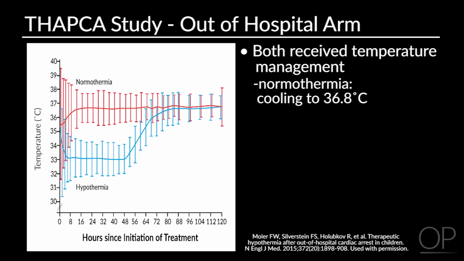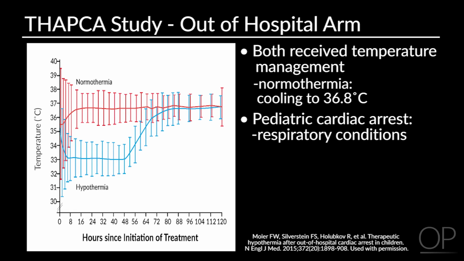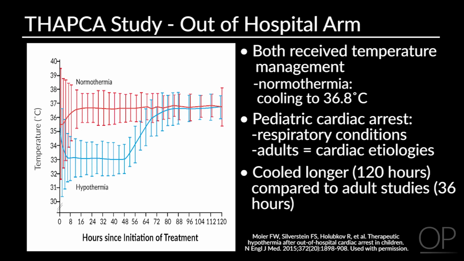Additionally, when compared with adult trials, most causes of out-of-hospital arrest in children were the result of respiratory conditions, as opposed to cardiac etiologies in adults, namely ventricular tachycardia and ventricular fibrillation. Children in the THAPCA trial were also cooled longer compared to adult studies. THAPCA patients were cooled for 120 hours, whereas adult patients were cooled for 36 hours.